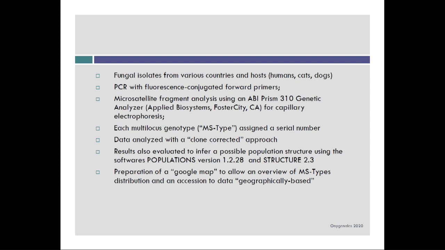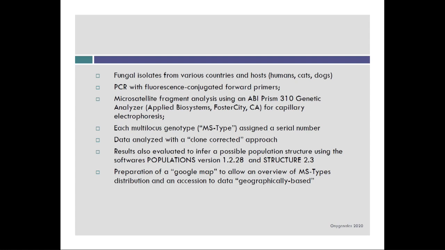And as regards the data analysis, each time we found a different multi-locus genotype, which we call MS type, we assigned a progressive serial number. The data were analyzed using a clone-corrected approach, which means that in case of samplings from cohabiting hosts, for example in a kennel, in a cattery, or during an outbreak episode, and nearly always we found the same genotypes for all the hosts, we consider just one for the calculation of the genotype frequency.